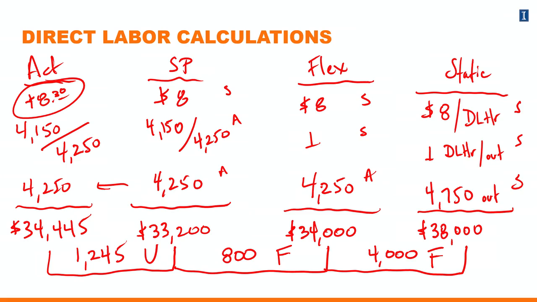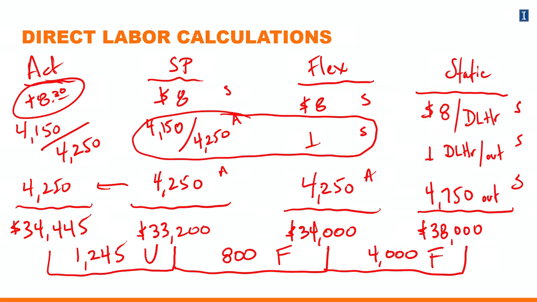Now I can look at these individual components and talk about why they're favorable or unfavorable to help with the interpretation. In terms of the efficiency measure, we used less than 1 hour of direct labor per unit of output. That means on average cost would be lower, all else equal. So that's going to be a lower cost, a higher than planned net income, a favorable variance.